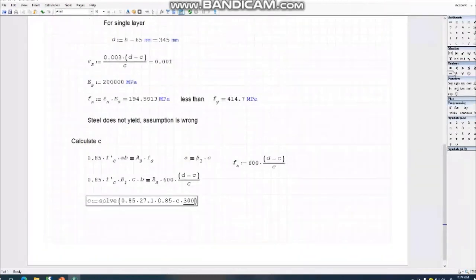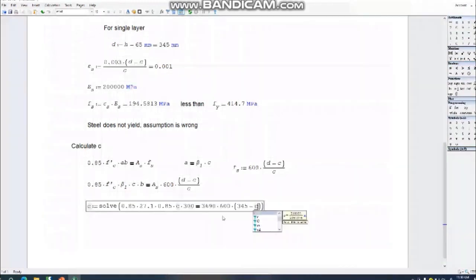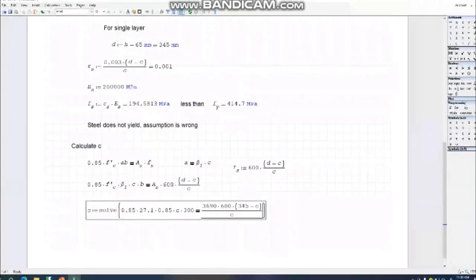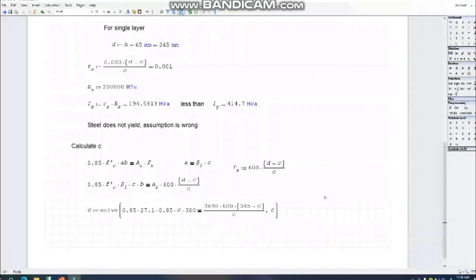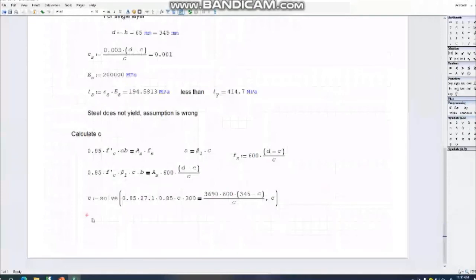Then equals As times 600 times D minus C, all over C. So, what are we solving? We tell the program we are solving for C. From that, I can solve C. So, C is equal to this.